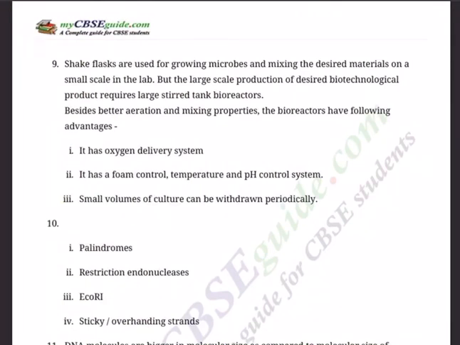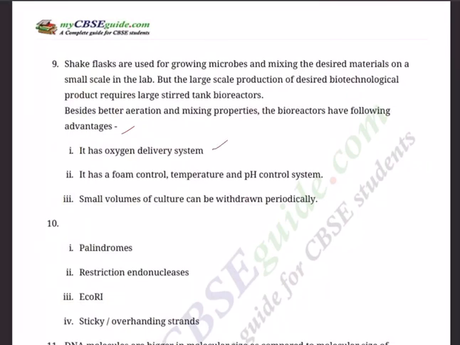Then, about the bioreactors, shake flasks are used for growing microbes and mixing the desired materials on a small scale in the lab. But the large-scale production of desired biotechnological product requires large stirred tank bioreactors. Besides better aeration and mixing properties, the bioreactors have the following advantages.